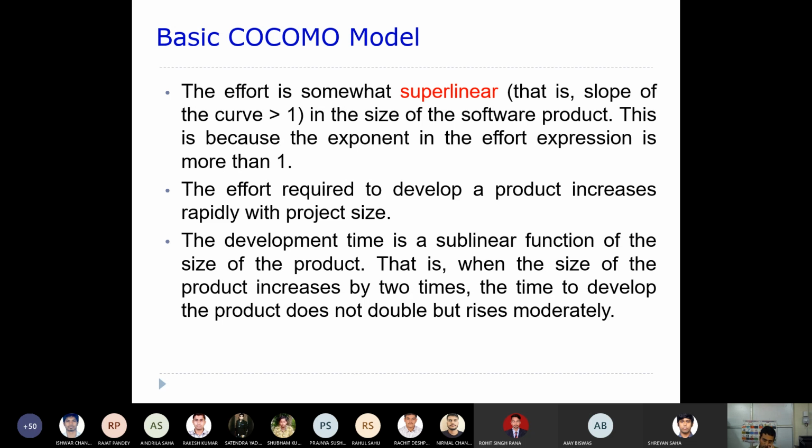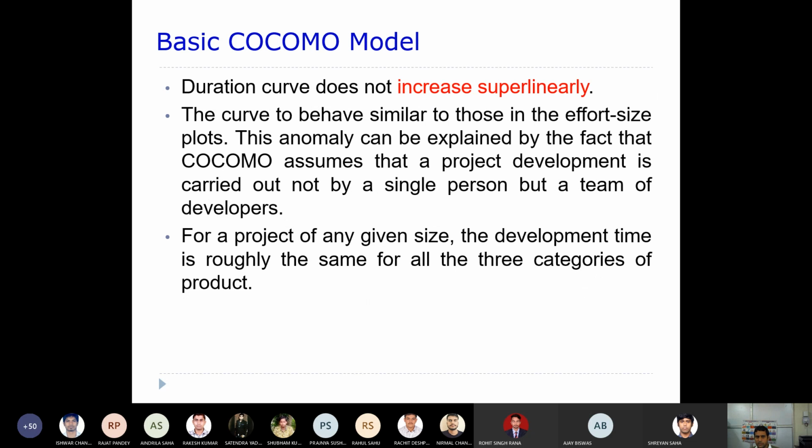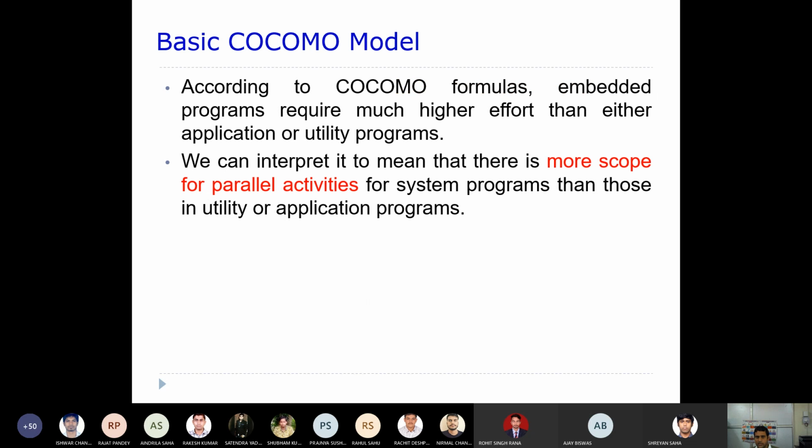Effort required also increases rapidly with the project size. If the project size increases, usually more effort will be required. But your development time is not superlinear, it is sublinear, because the slope is less than 1. You can understand, right? So yes, I think our time is up.